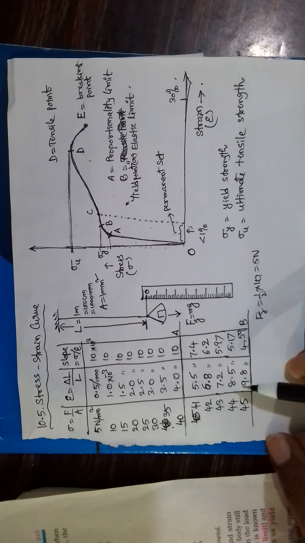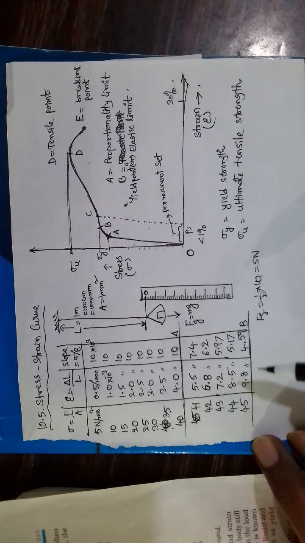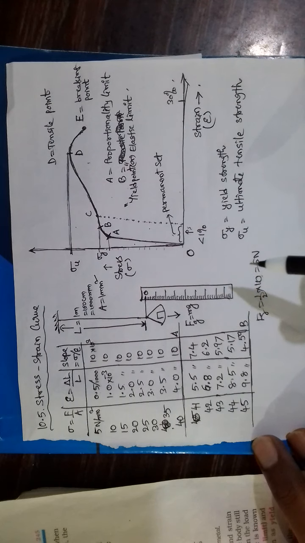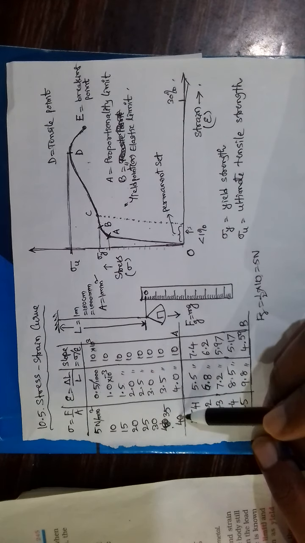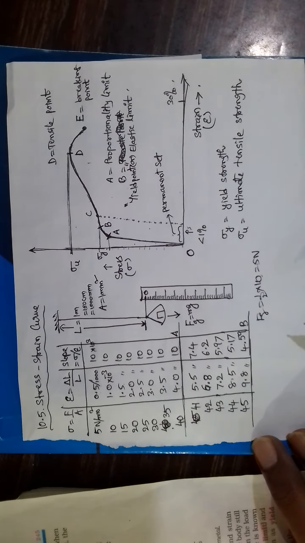Afterwards also we go on increasing the weights, but this time we increase the weights by small amounts. So here 40 newtons, then 41 newtons, 42, 43, 44, like this. Each time 1 newton force you are increasing. See why like that?